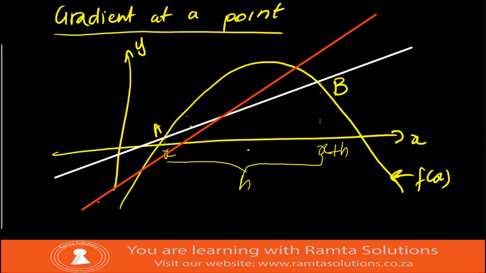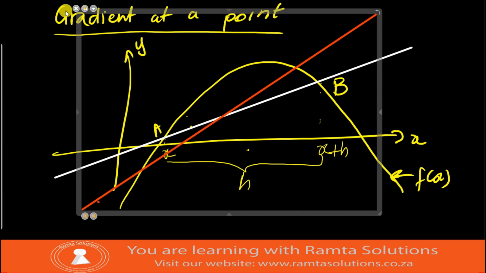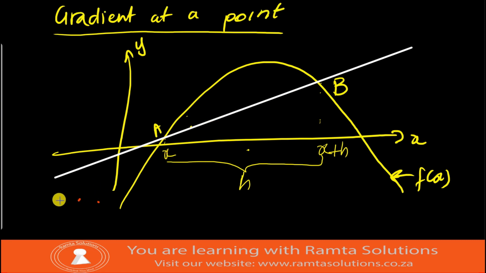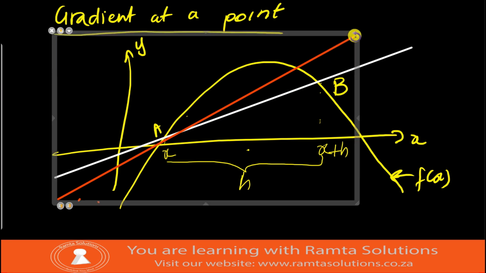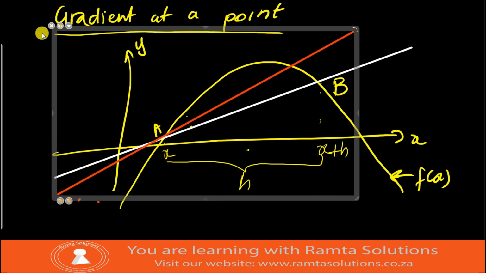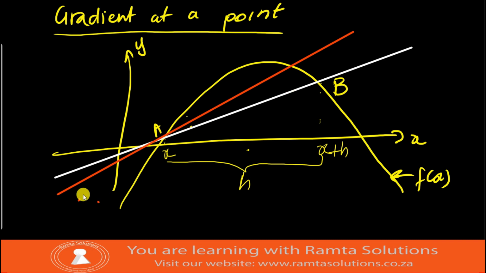As you can see, it's moving away from B. Another one touches the graph twice.